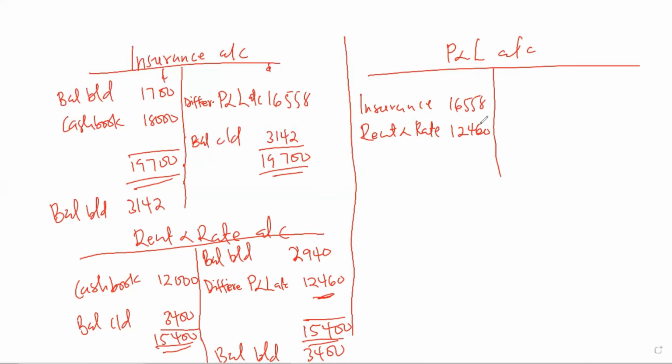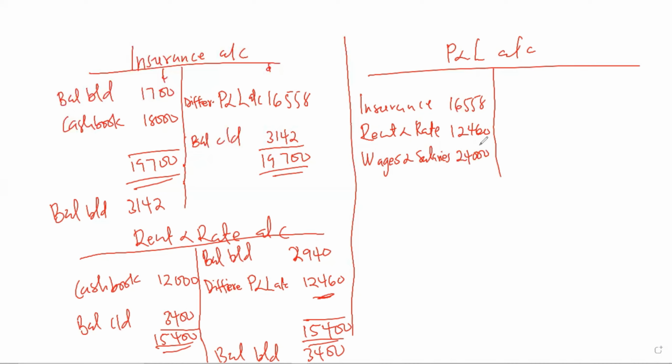When you look at the cash book, you can see there is wages and salaries. But here we are not preparing wages and salaries because we don't have any information on wages and salaries owing or prepaid. Which means when we get to the P&L account, the amount you are going to write for wages and salaries is the amount that was paid, which is 24,000.